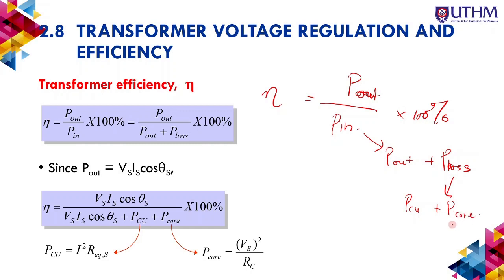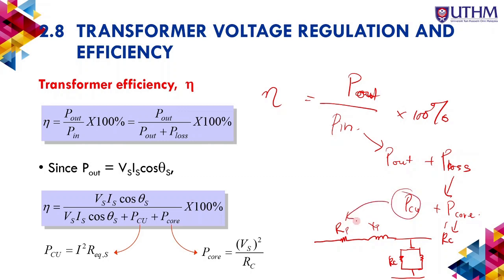Kalau core losses adalah pada bahagian yang sini, ini RC. Ini untuk bahagian core losses. Kalau yang ni, kita tengok sini, kita ada resistor, so ini ada RP, sini ada XP kan. Kalau copper losses, dia untuk bahagian ni. So ada dua loss lah kat sini.